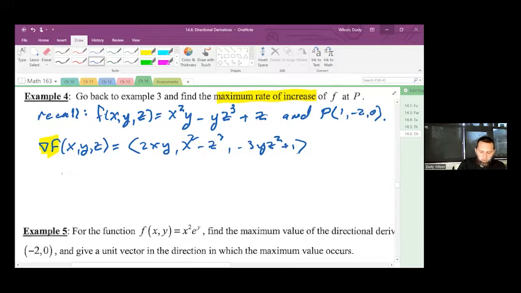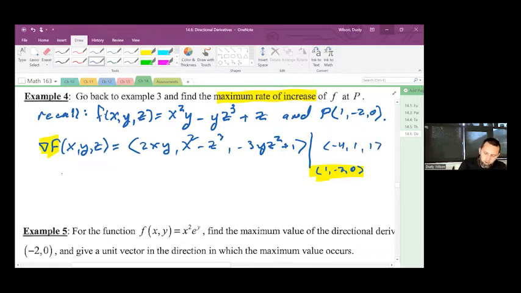So we've found our gradient, and we want to specifically find this at the point (1, -2, 0). We've already done this. By the way, this is a little bit of a repeat question. So that will be (-4, 1, 1).